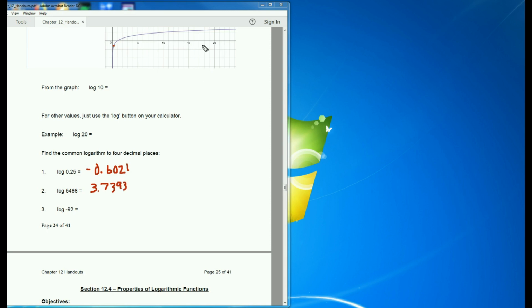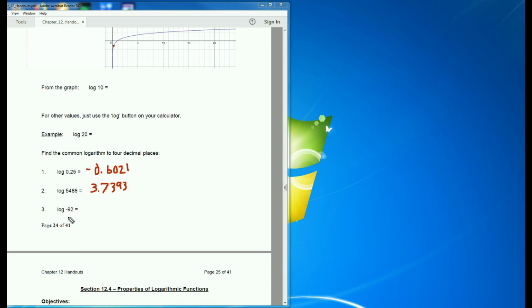We can't see that on the graph, obviously, because 5,000 something is way out here to the right. But what you can see is that the logarithm function increases very, very slowly, because we're all the way out here at almost 5,500, and the y value has only increased to about 3.7.